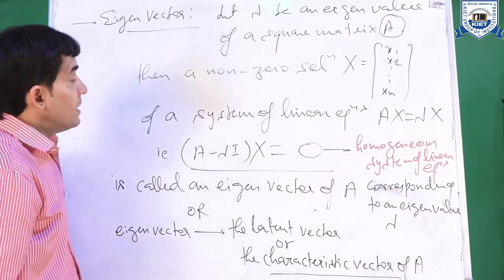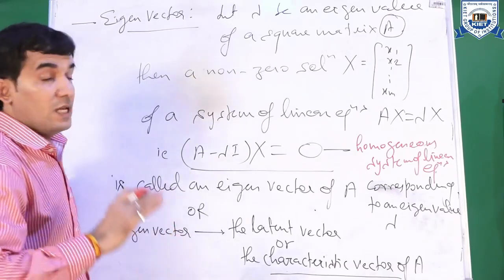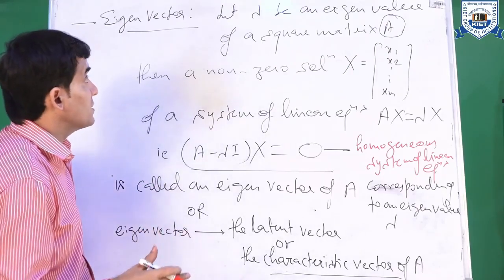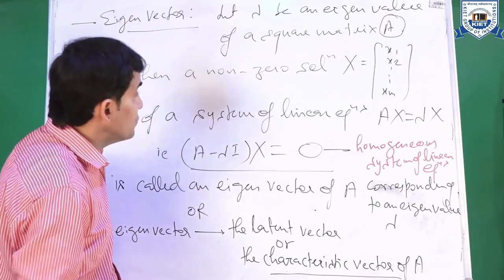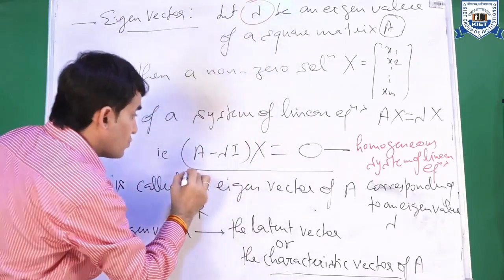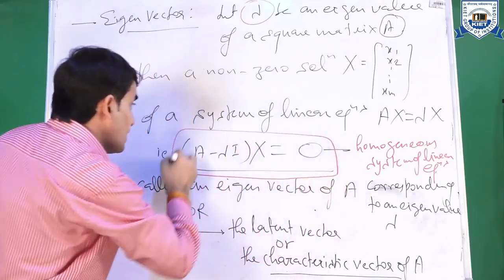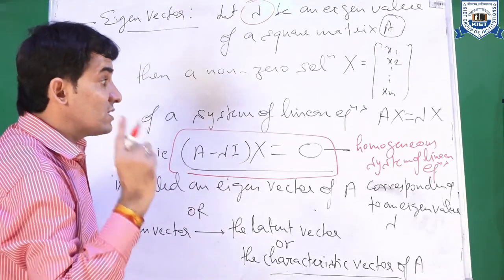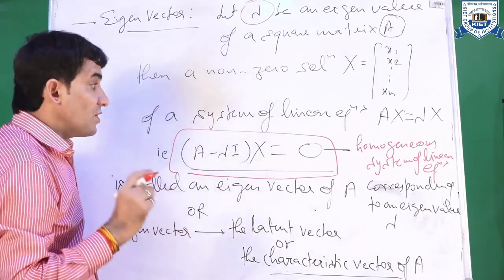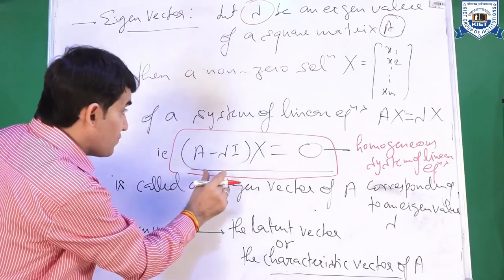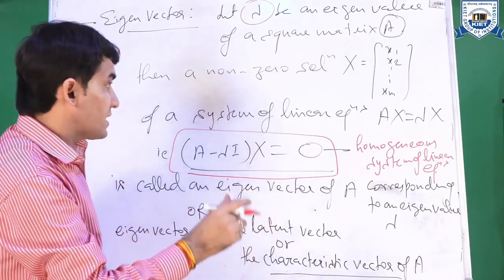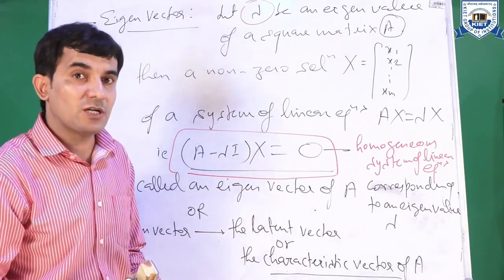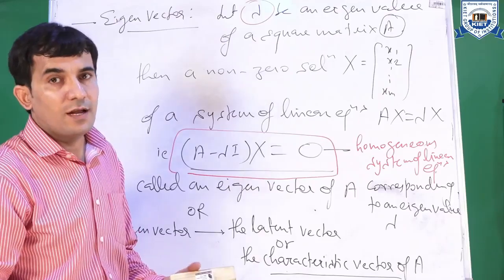It means to find an eigenvector, or latent vector, or characteristic vector of a matrix capital A corresponding to an eigenvalue, say lambda, we have to solve this homogeneous system A minus lambda I into X is equal to 0. And if the system has a non-zero solution capital X, then X is called an eigenvector of matrix capital A corresponding to the eigenvalue lambda.